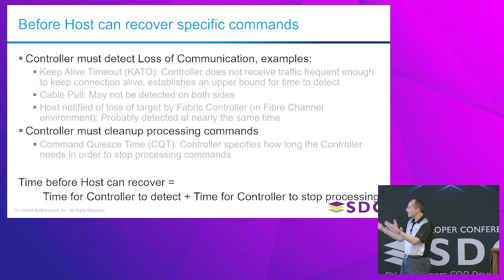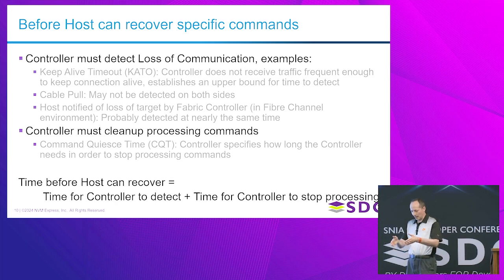And so that's the first thing, is how long does it take to know that the controller has detected a loss of communication? And the second step is how long does it take for the controller to stop processing commands? And so that's where we introduced into the specification command queue time, or command quiesce time.